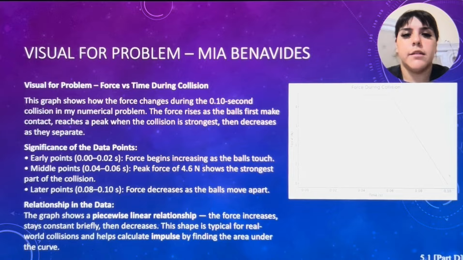At the end, from 0.08 to 0.10 seconds, the force goes down as the balls move apart. Relationship in the data: the graph forms a simple rise, peak, and fall pattern. This shape is common in real collisions and helps find impulse by calculating the area under the curve.